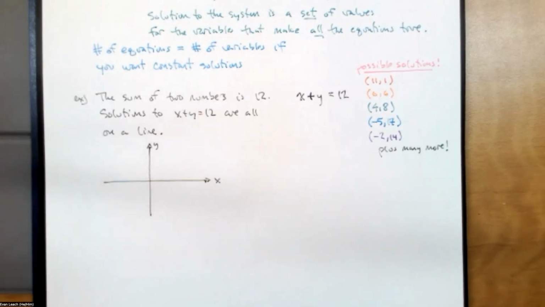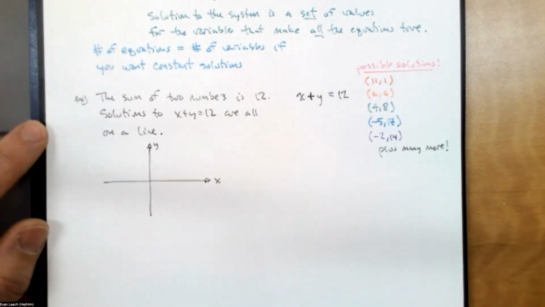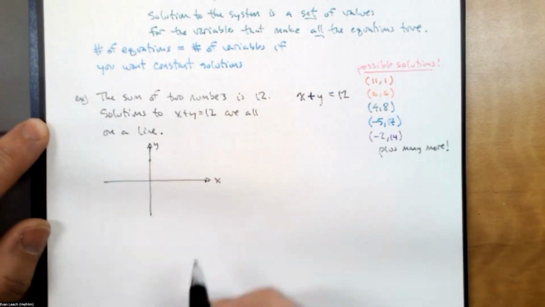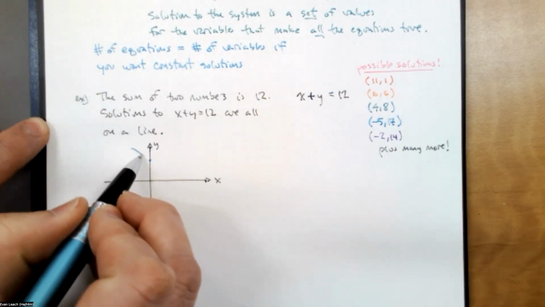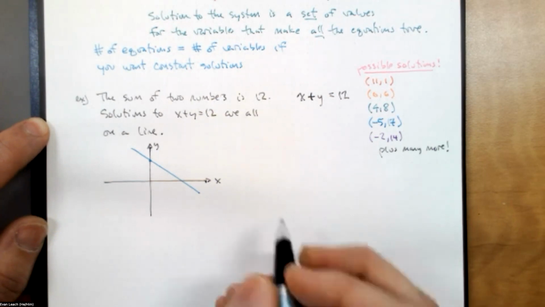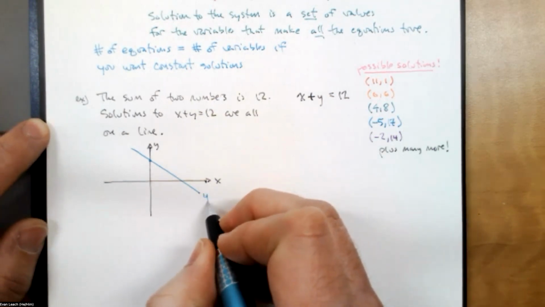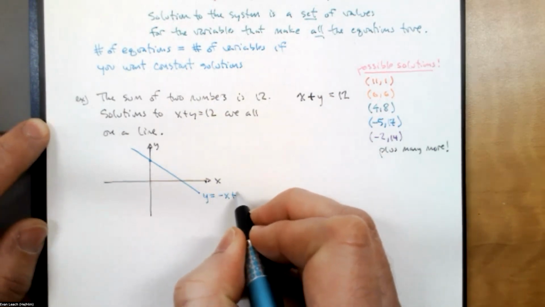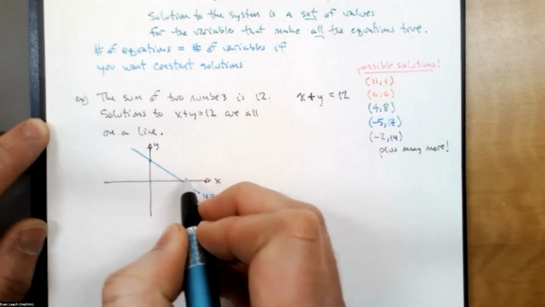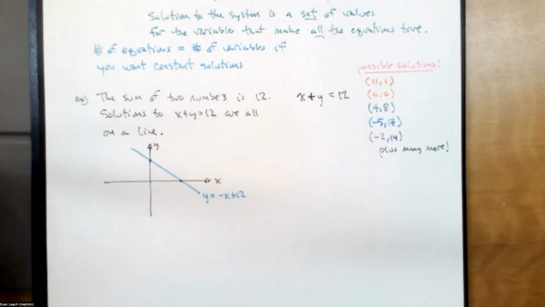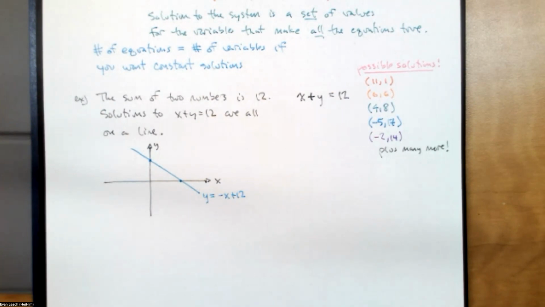Specifically, the line x plus y equals 12 will have a y-intercept of 12 and a slope of -1. But this line represents all the solutions to this one equation.